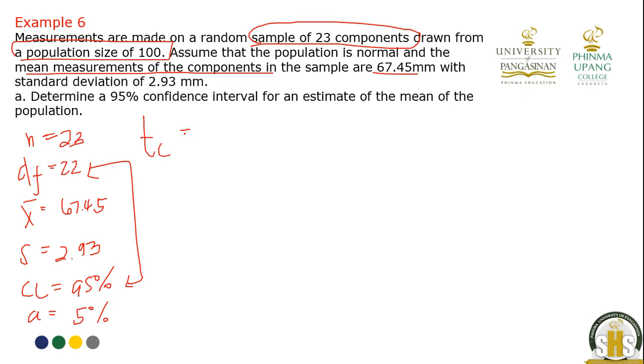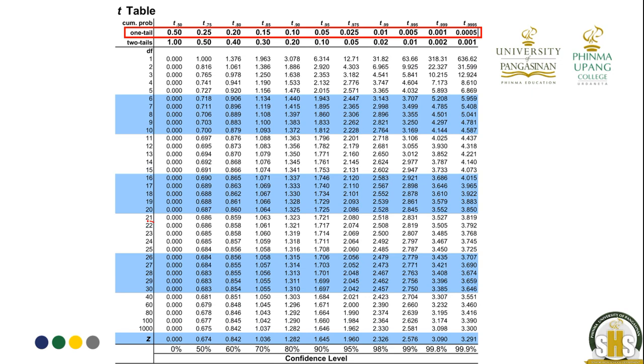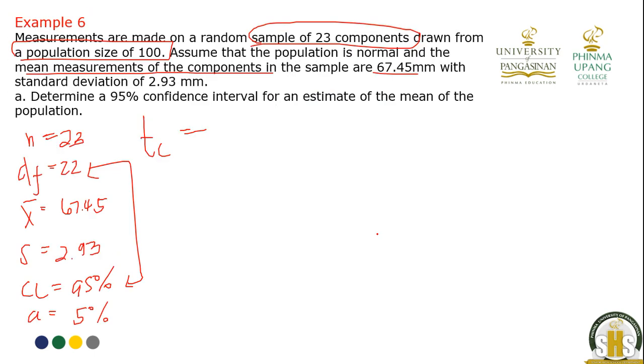Kunin na natin yung critical value ng T, 22 and 95%. So this our critical value number 6 is 2.074. Diba? Ang dali lang.